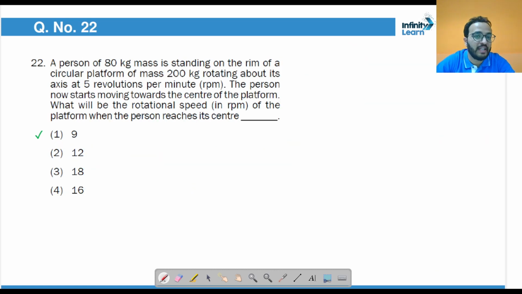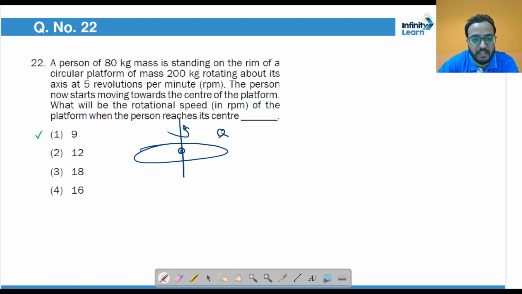Now a person of 80 kg mass. Okay, so here what is happening? This is a disc and this disc is rotating and this is a person here. His mass is 80 kg and the platform is 200 kg, right?